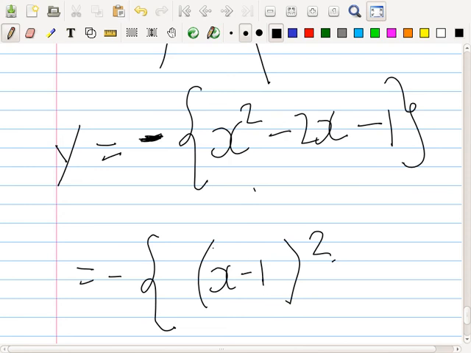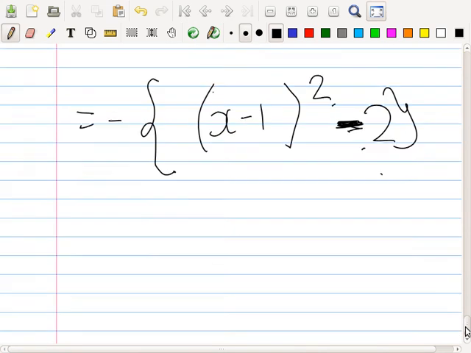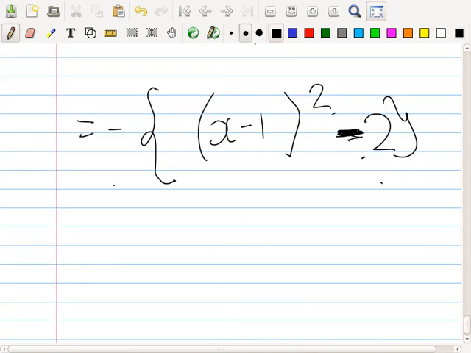You know minus 1 squared is 1. But what do I need? Minus 1. So am I too big or too small? Too big. So I need to take away how much? Minus 2. But I'm not finished yet. Don't forget about the minus here.